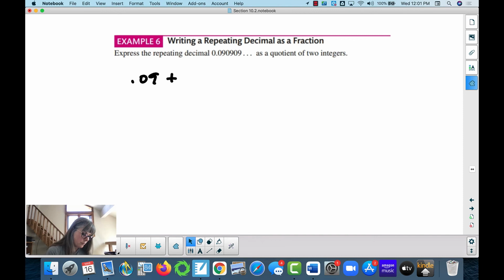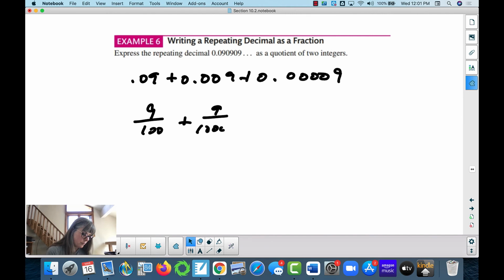0.09 plus 0.009 plus 0.0009. And if I write those as fractions, I have 9 over 100, 9 ten-thousandths, and then 9 millionths, and so on.